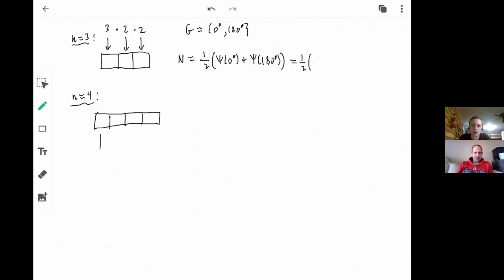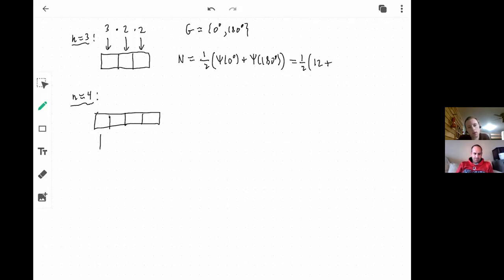So what's that going to be? That's going to be all of them, right? So that'd be 3 times 2 times 2, or 12. Okay. And then 180-degree rotation. So the one on the outside would have to match, right? Yes.